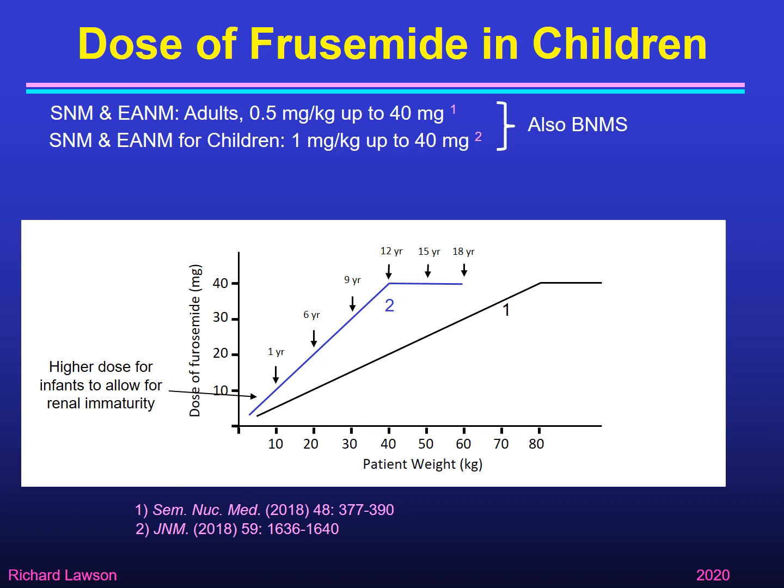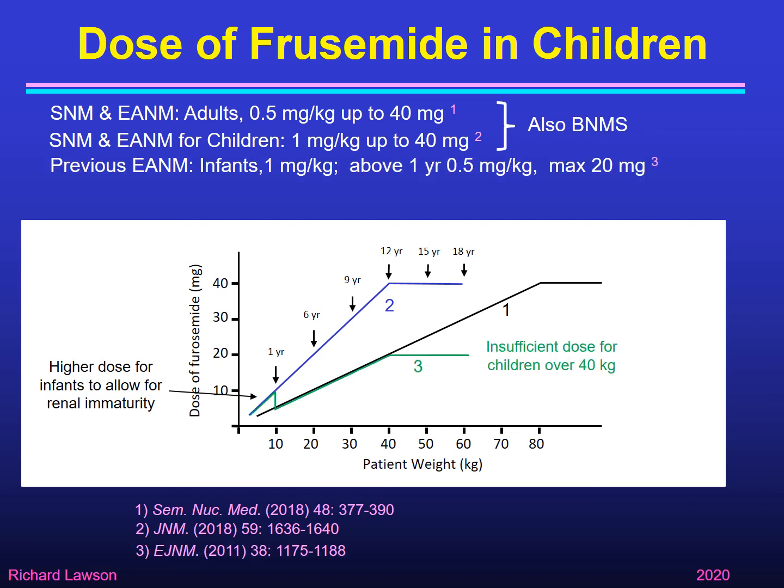However, this guidance seems to go on to older children, so it seems to me that that gives a higher dose of furosemide than is necessary for most children above 1 year. Now, if you go back to some of the previous guidelines from the European Association of Nuclear Medicine, they said 1 milligram per kilogram for infants, which is justified by the less maturity.